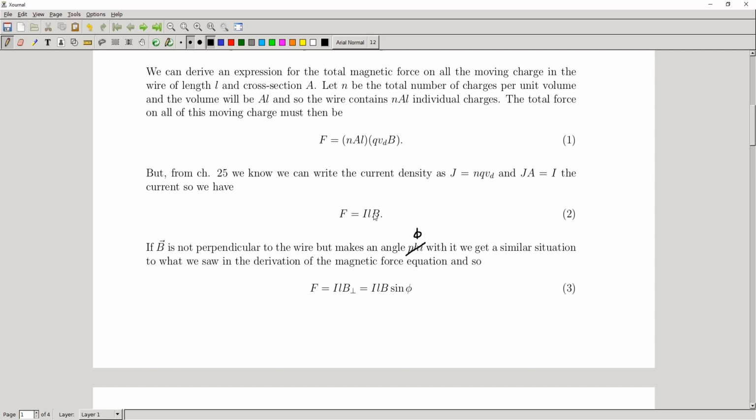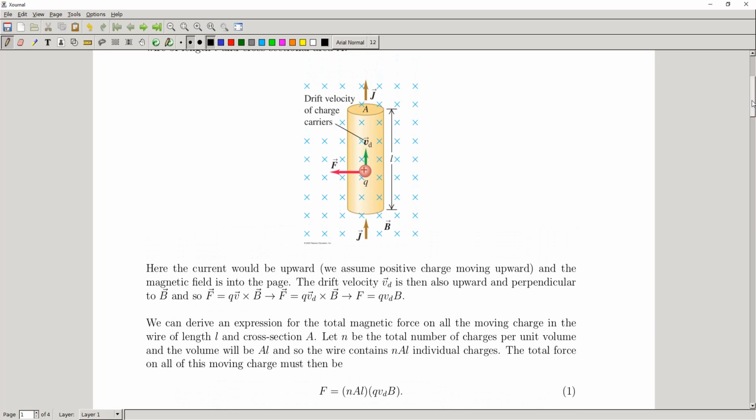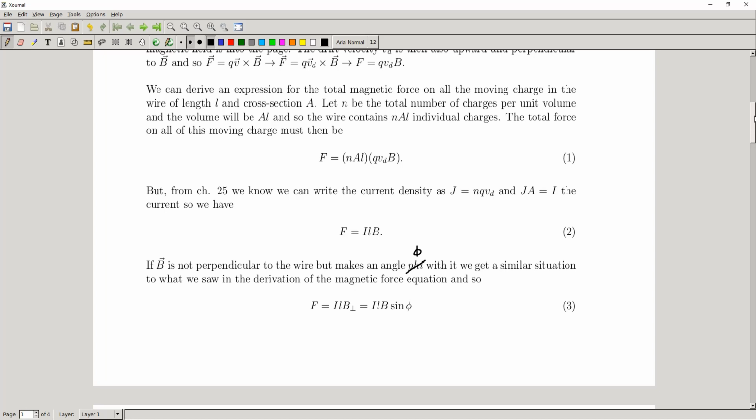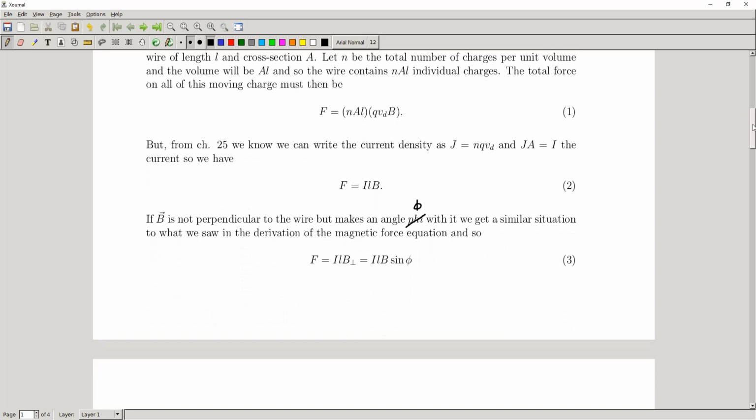Now, all this was generated using this setup up here, where B is perpendicular to our wire and to our current. But if B is not perpendicular to the wire and so not perpendicular to the current, we have some angle between B and I, and just like we did in the case of our magnetic force equation for a single charge, we can incorporate that angle.